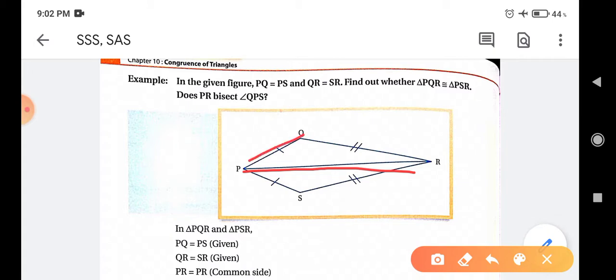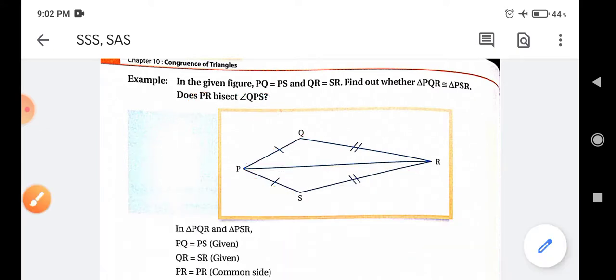Angle QPS is this angle. Bisect means divide into two equal parts. Bi means two. So we have to find out whether PR divides angle QPS into two equal parts or not.